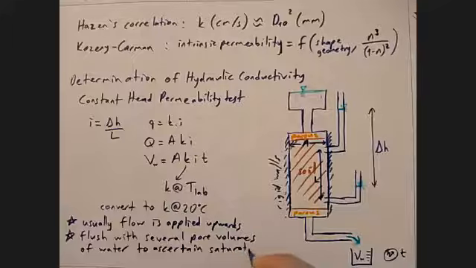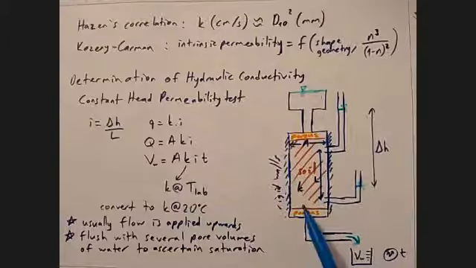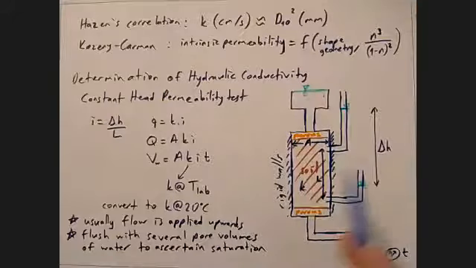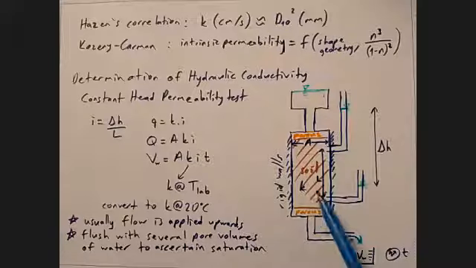Because if your soil isn't fully saturated, then your K will not only be different, but it will also be variable with degree of saturation. So you have to do this saturated, and the way to do that is you flush a lot of flow in order to flush out any remaining air bubbles, and you have to do this from bottom to top.